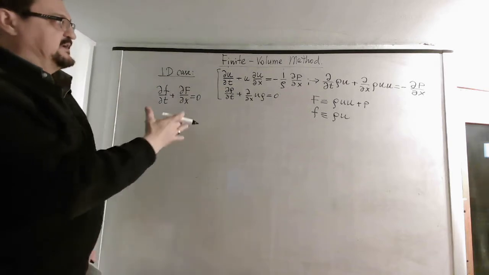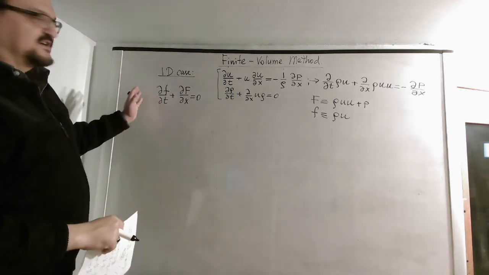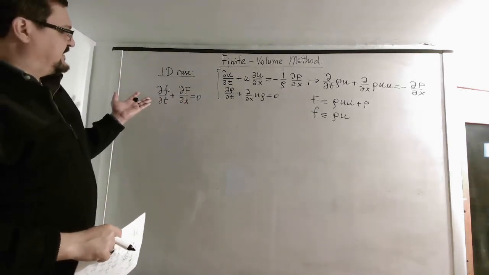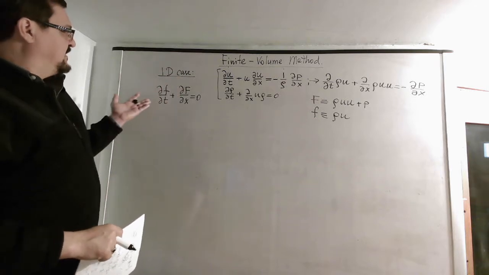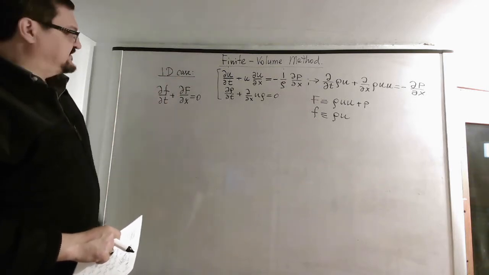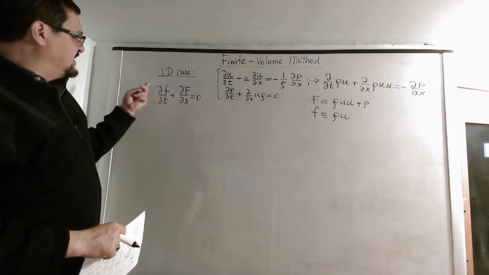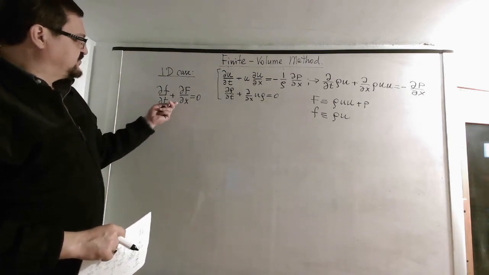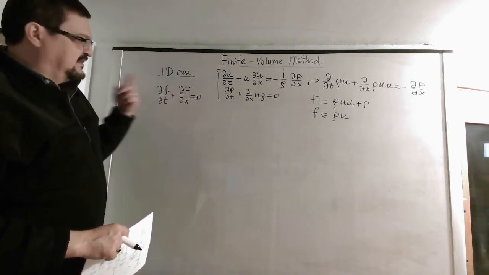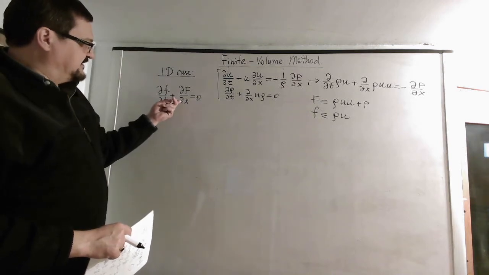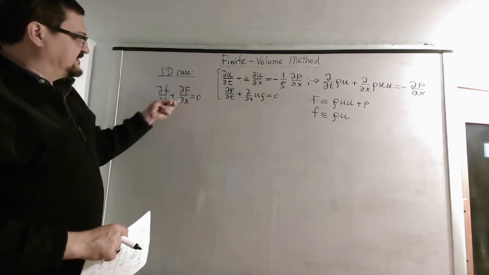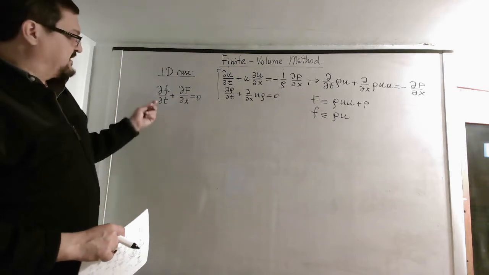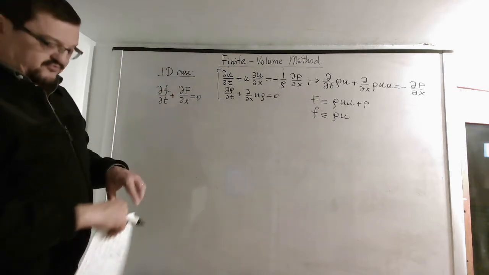So you see, this is the general form of our problem in the one-dimensional case. It's the rate of change of some function equal to the derivative of some other function with respect to x. So this now has a flux form, and it can be easily integrated.